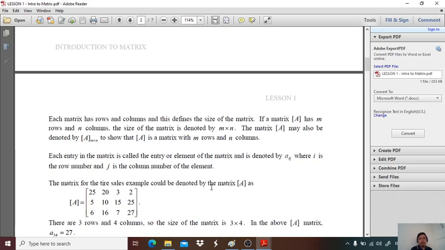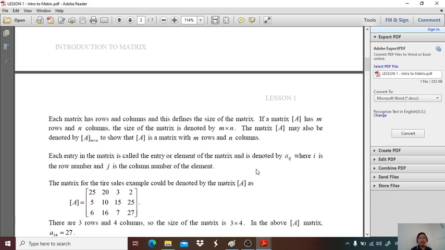The matrix A may also be denoted as A, m times n, to show that matrix A has m rows and n columns. Then we have entry. Each entry in the matrix is called an entry or element of the matrix, and it is denoted by Aij, where i is the row number and j is the column number.